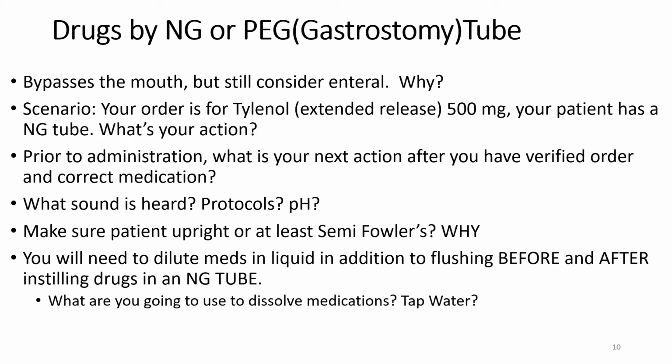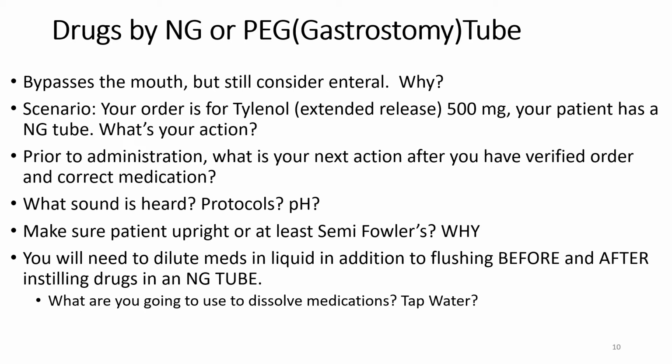Or maybe you have a patient who has a bowel obstruction, but they still have to have some type of nutrition. So they will either consider a PEG tube, or they'll do TPN and lipids through an IV. So it could be either or, but just know that a bowel obstruction is also one of the reasons to consider drug administration by NG or PEG tube.